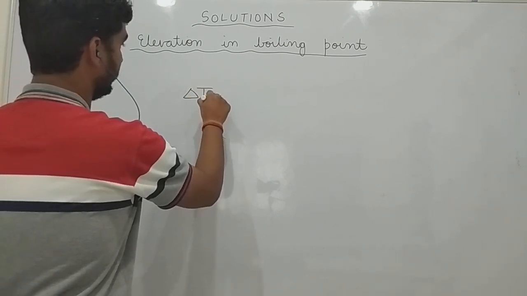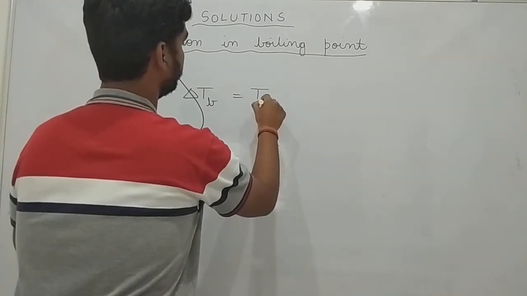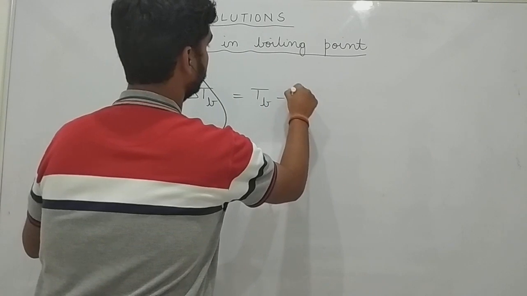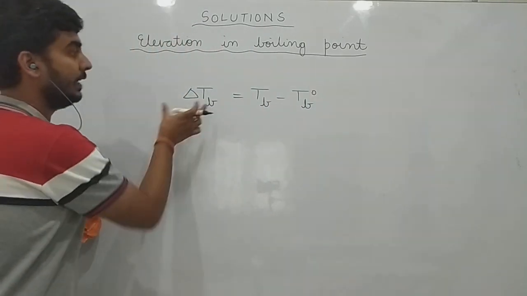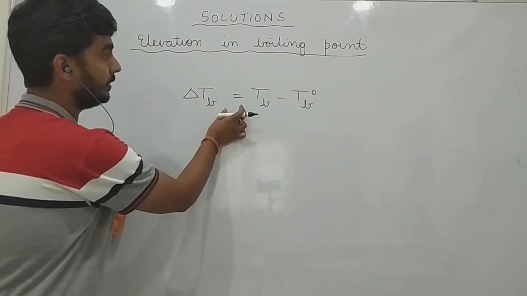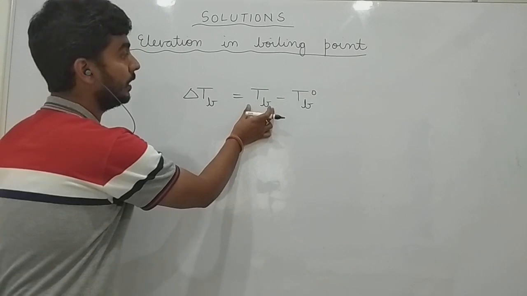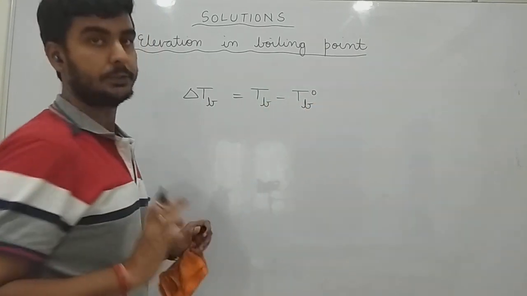So the formula which we'll be using is delta TB, which I have discussed in the previous class. Delta TB is equal to TB minus TB naught. Here delta TB is the elevation in boiling point, TB is the boiling point of the solution and TB naught is the boiling point of the solvent.